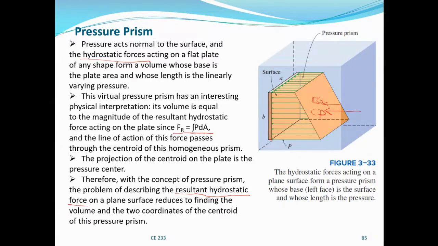We find the volume using this integral of PdA, okay, and the two coordinates of the centroid of this pressure prism, which will be x and y, locating the coordinates with reference to any surface, okay.